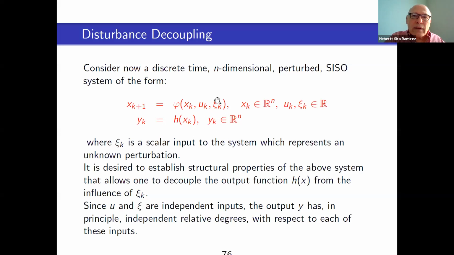But since you have another input, you have to think about another relative degree, which is the one linking the same output with this foreign input. So basically, the relation linking the output to the input U or to the input Xi is a two input to one output relation. And both inputs might exhibit with this output a different relative degree. In principle, that is valid.